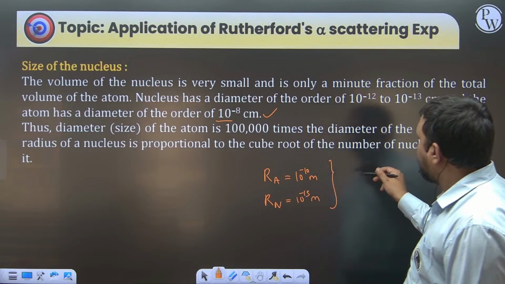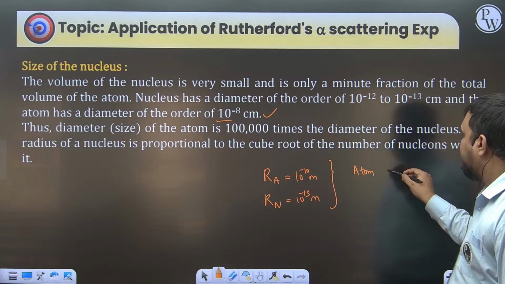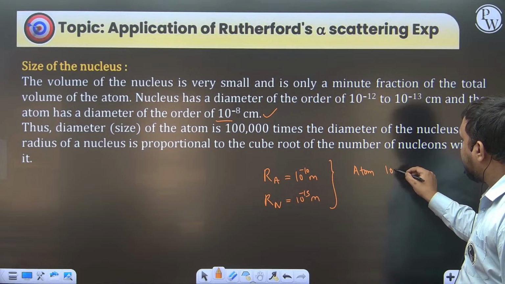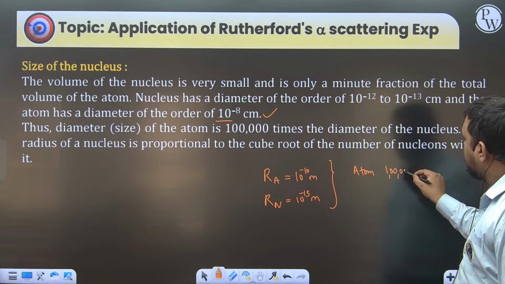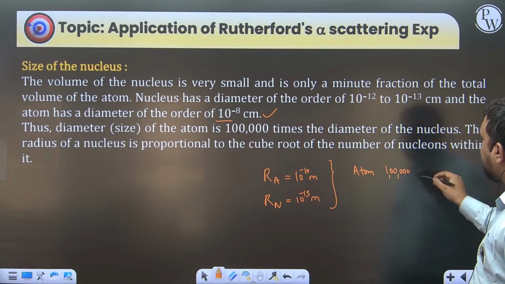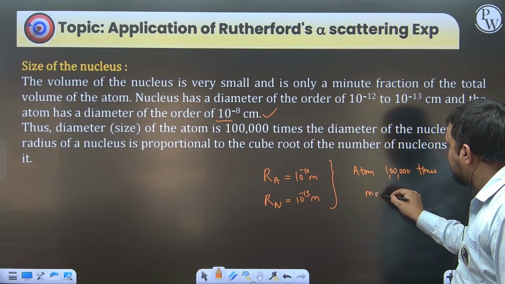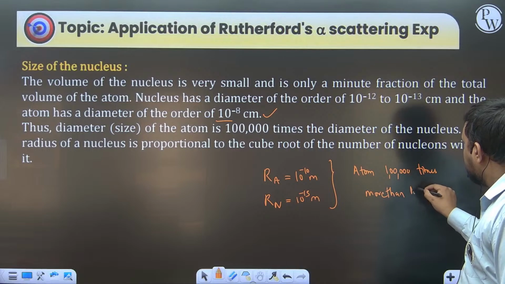So the radius of the atom is about 1 lakh times more than the nucleus.